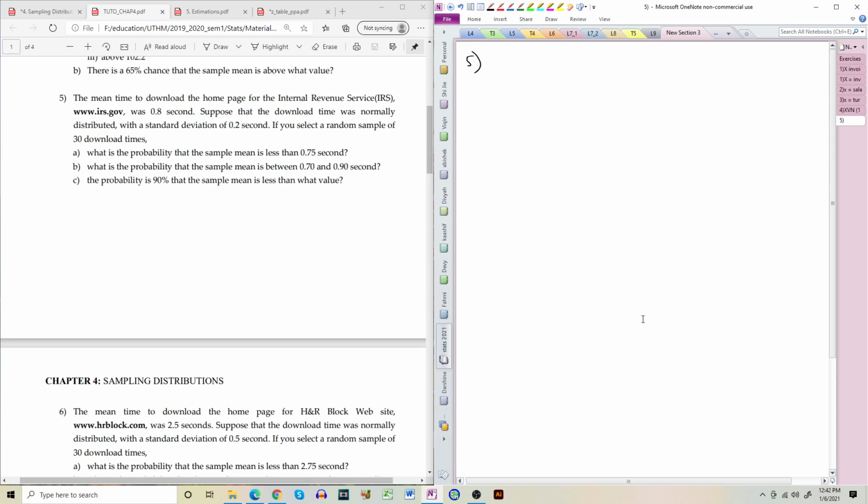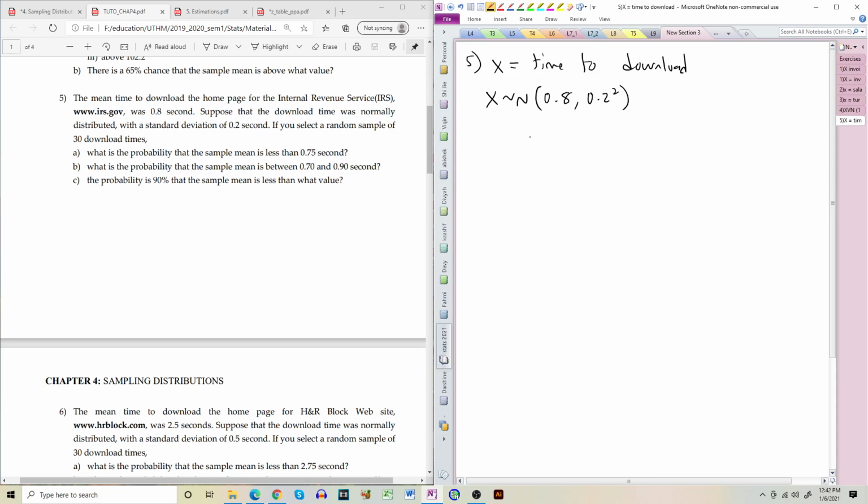The mean time to download the home page for the Internal Revenue Service was, so this is actually X is time to download. The mean time is 0.8 and standard deviation is 0.2 squared.